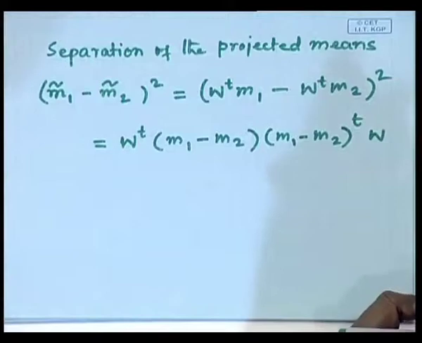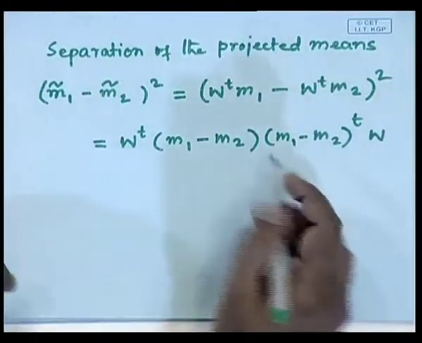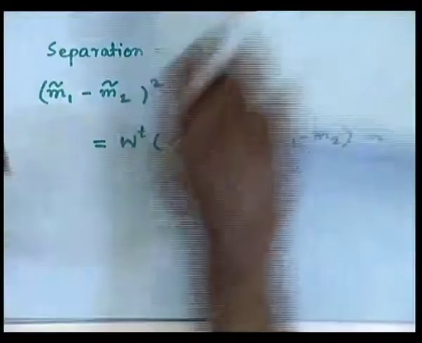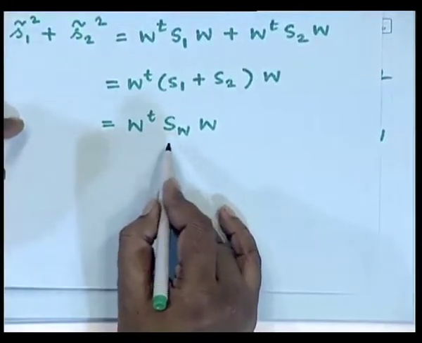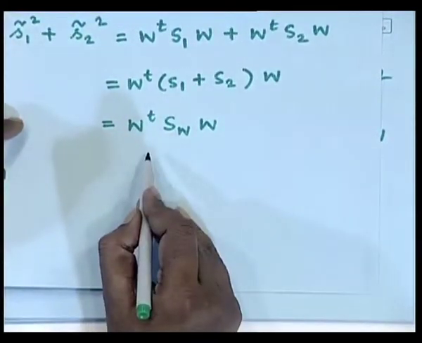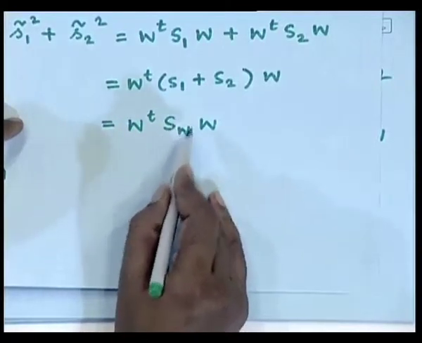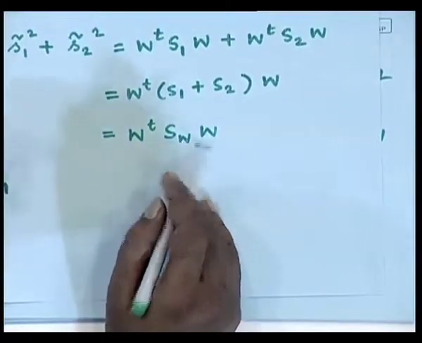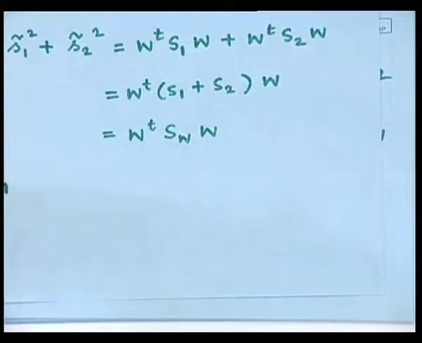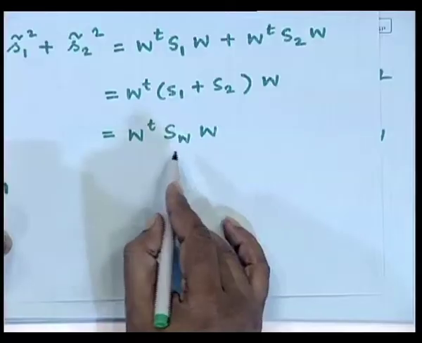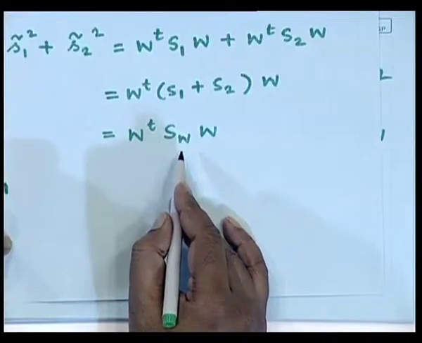Okay. So, we had S W to be within class scatter, because for its computation I am considering the samples belonging to individual classes, computing their scatters and then adding these intra-class scatters. So, this is what is called within class scatter. Okay.